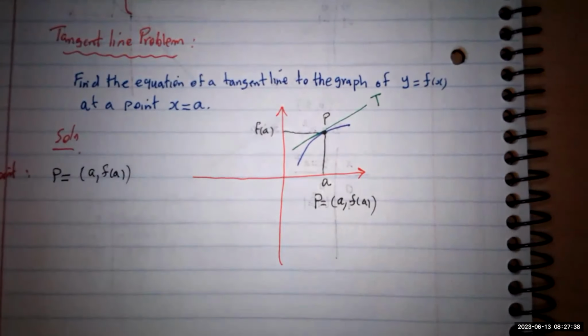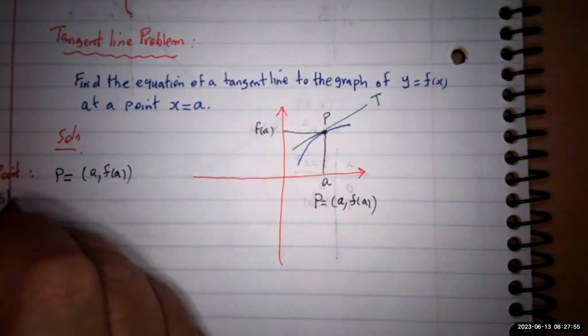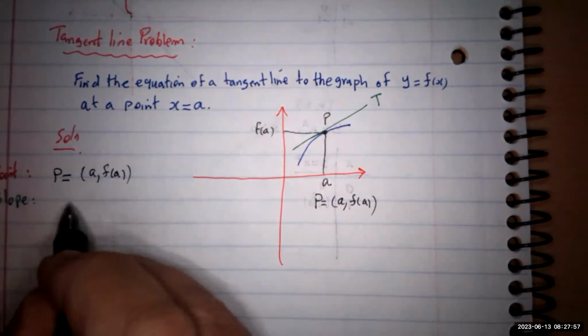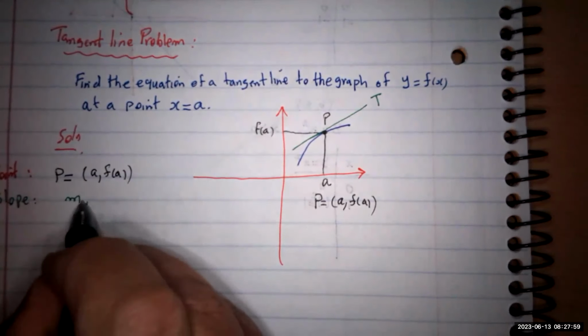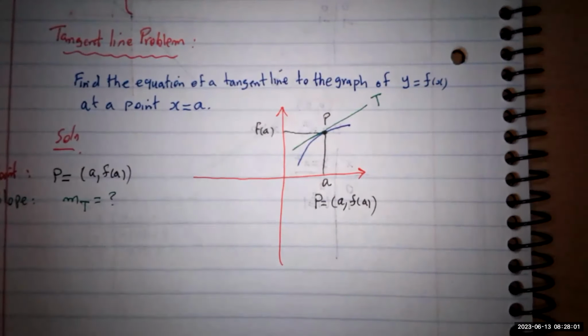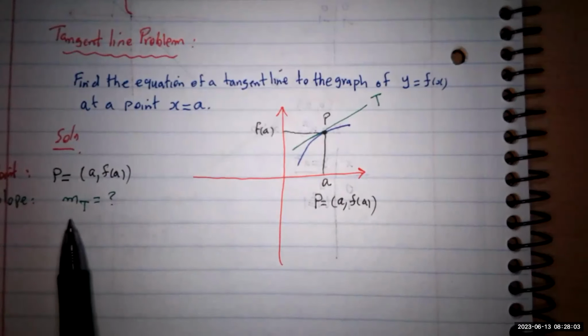Let's check some of your information. You want to write the equation of a line. Do you remember what you need for the equation of the line? Any suggestion? Slope. Excellent. We need the slope, so the slope is missing. We need the slope of a tangent line. Very good. If we have the slope and we have a point, then we can write the equation of the line.